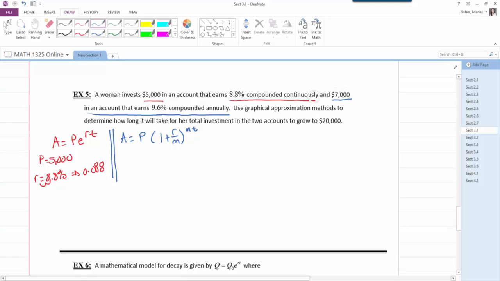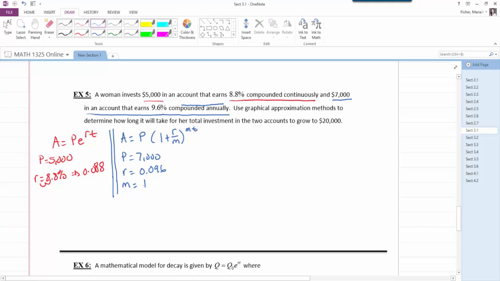Again, it's $7,000, which means P is equal to 7,000. In an account that earns 9.6%, so R is equal to 0.096 or 9.6%. And then we need to figure out how many times a year it's compounded. It's compounded annually, so the M is equal to 1 because annually means once a year.